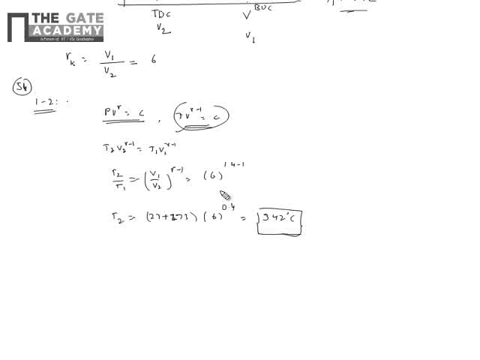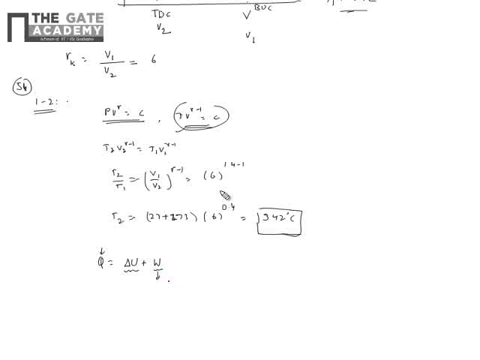Now I want T at point 3. It's constant volume heat addition, and we don't know how the pressure varies or how the volumes vary, but we know CV is given, and the heat that is added is given. If you apply the first law, heat added is change in internal energy plus work done.